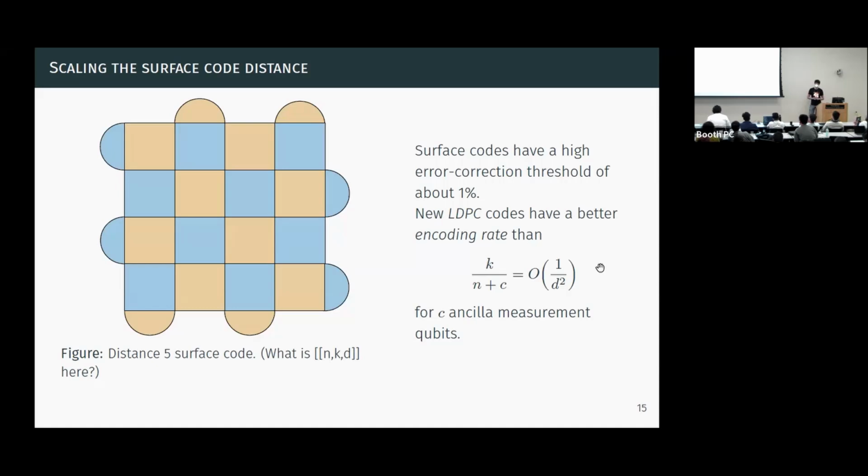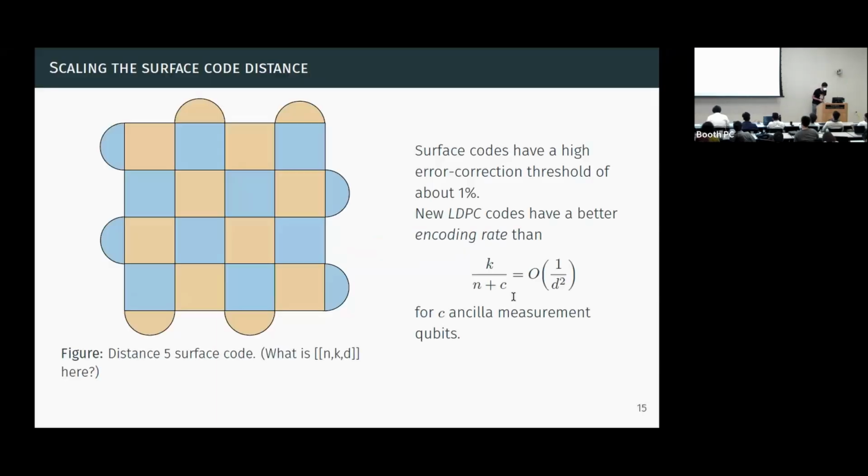And I added also ancilla measurements. Whereas for LDPC codes, this rate can approach 1. But then you lose the nice properties, like the 2D layout. So yeah, it's a push and pull.